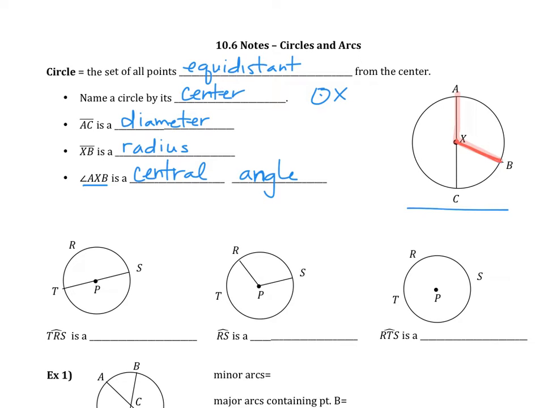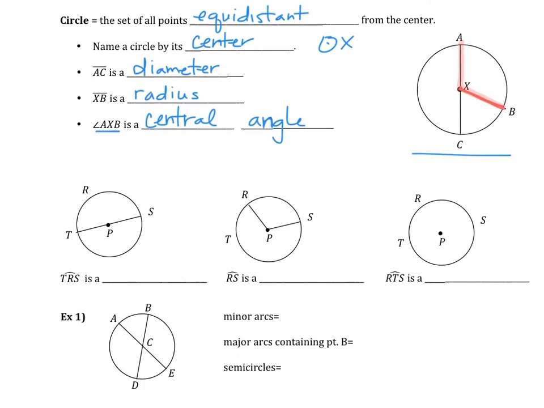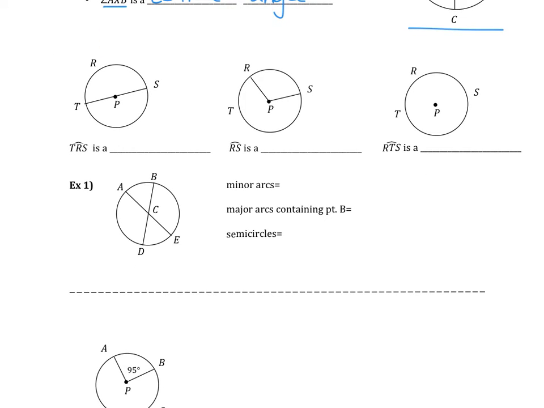Moving into some arcs. If you look at these three circle pictures, we would say that arc TRS, and this is supposed to be an arc mark here, not so pointed, but I didn't have the right symbol. So arc TRS, that means we're starting at T, going through R and around to S. So technically there's a point there, you're just not seeing it.